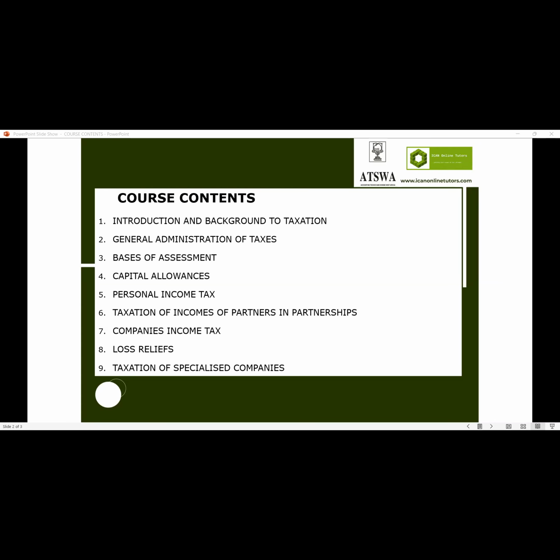Only that where the total capital allowances for a particular assessment year for manufacturing company and agricultural businesses exceed the adjusted or assessable profits, you cannot relieve more than the adjusted or assessable profits you have for that particular assessment year.